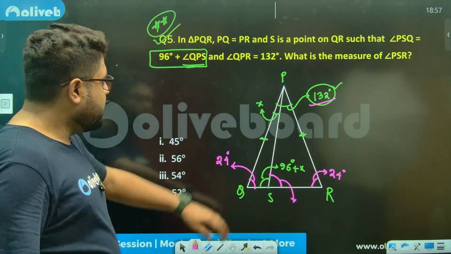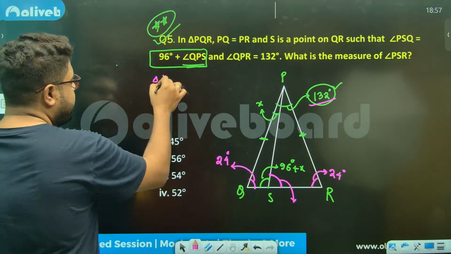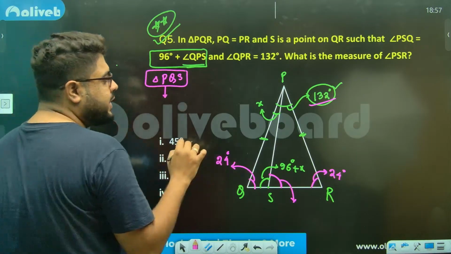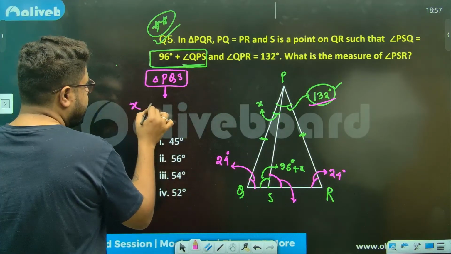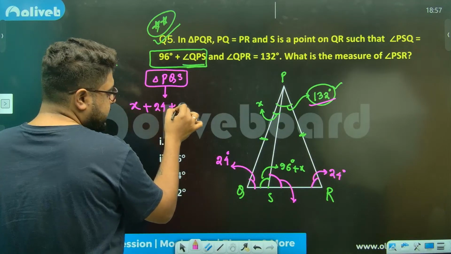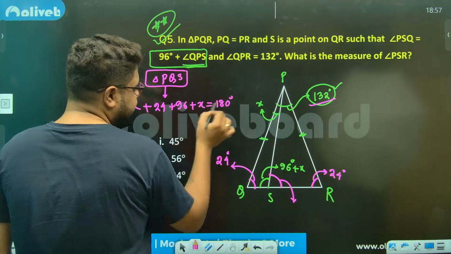Right? Now, take this smaller triangle PQS. Over here, what will happen? Sir, the sum: x plus this is 24 plus this is 96 plus x. The total sum must be 180, sir.